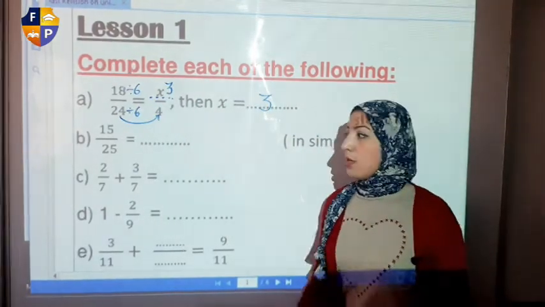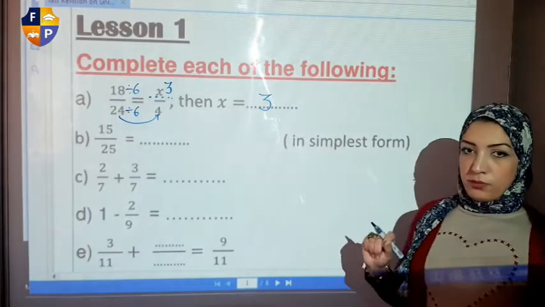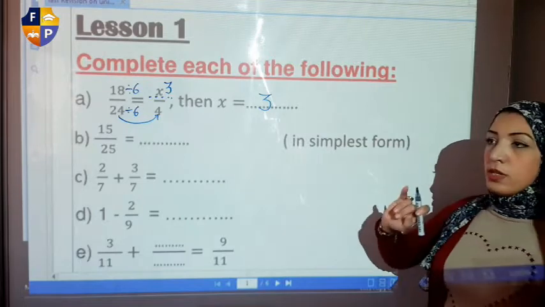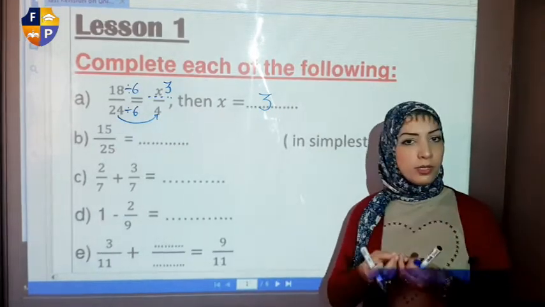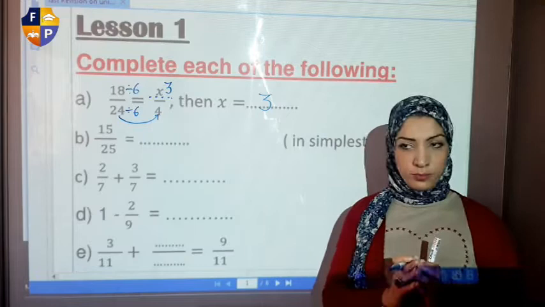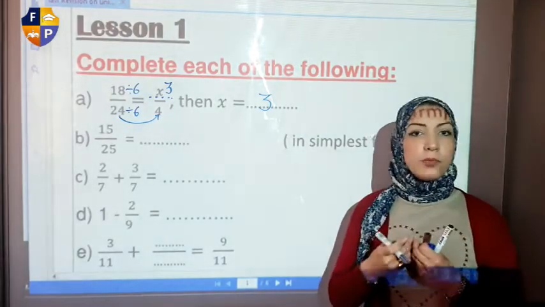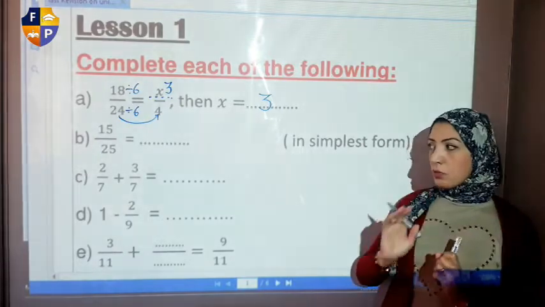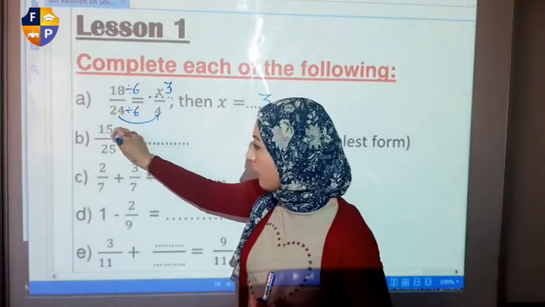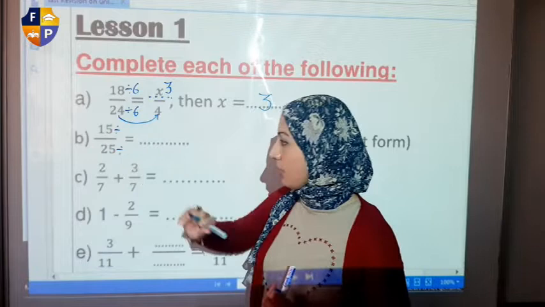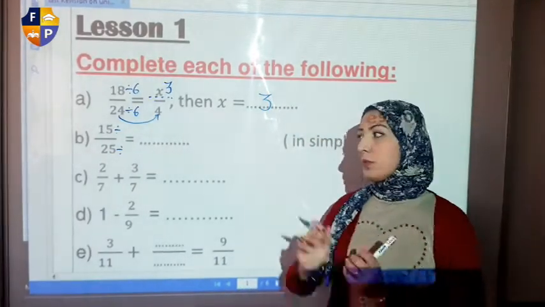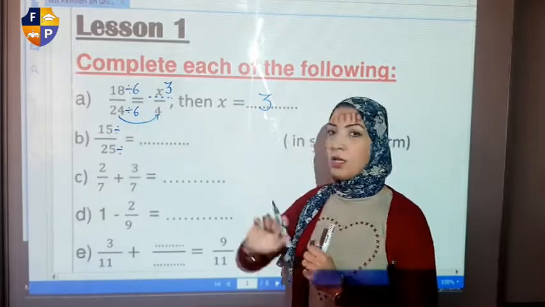Next one, 15 over 25 equals what, in simplest form. So here we want to simplify 15 over 25. All of you know that simplify means we need to reduce the fraction. So here we will write divided up and down. And here we search for the common factor between 15 and 25.